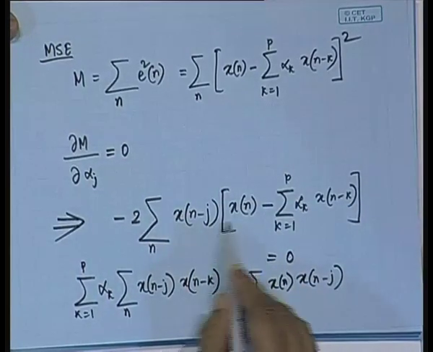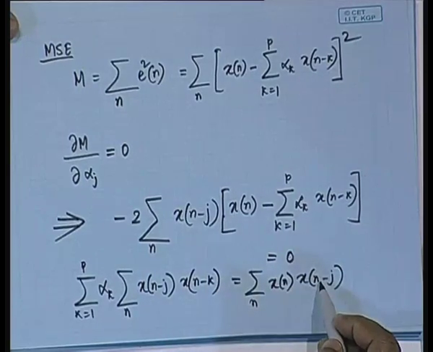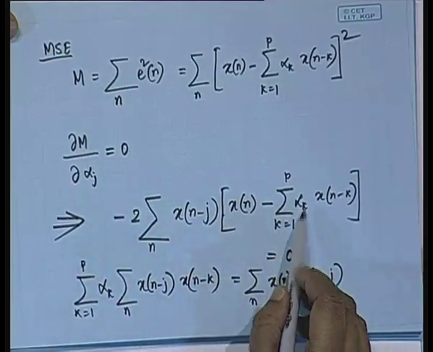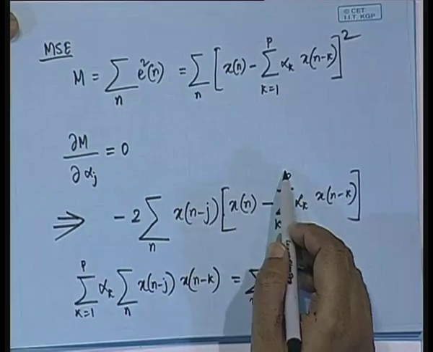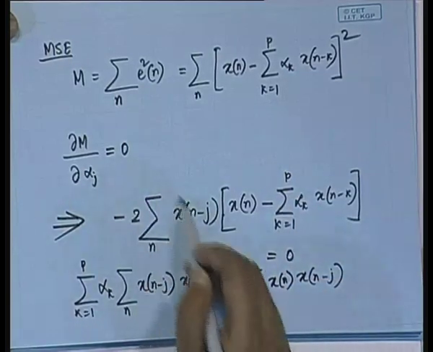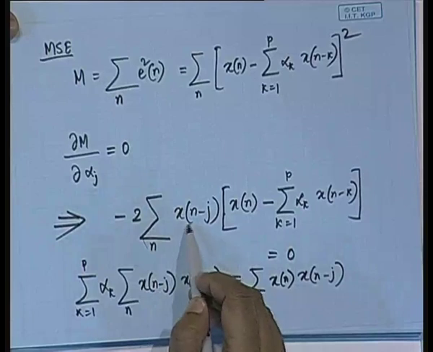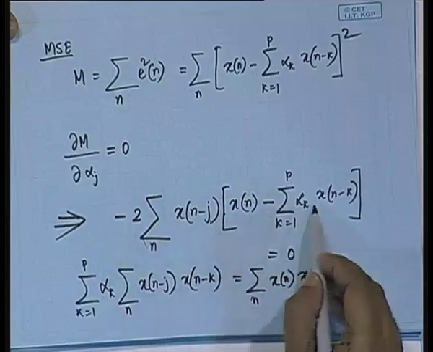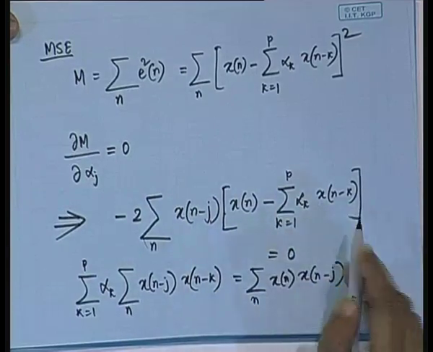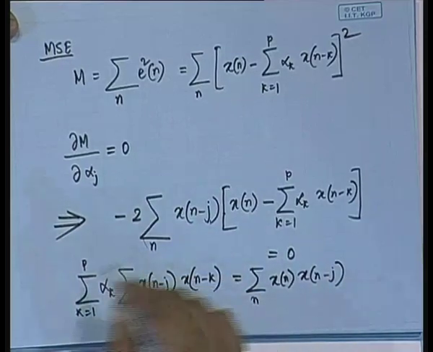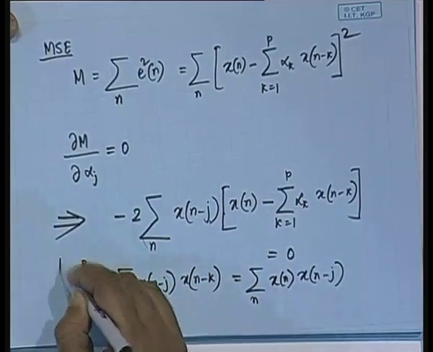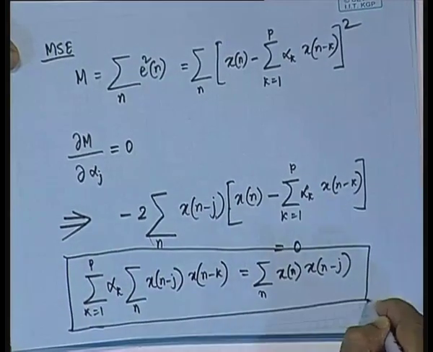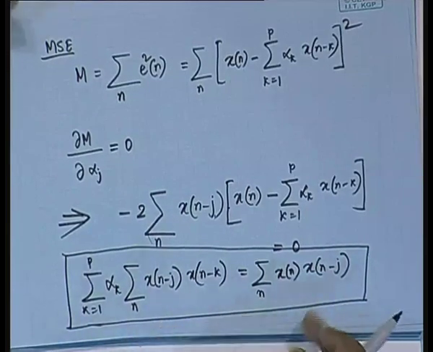Summation of x n minus j x n is already there, and then we also have summation alpha k, where k goes from 1 to p, but again because of the summation of x n minus j over n, we get x n minus j here and n minus k there. So, everything put together comes under the summation over n. So, this is one relationship that we are going to obtain.